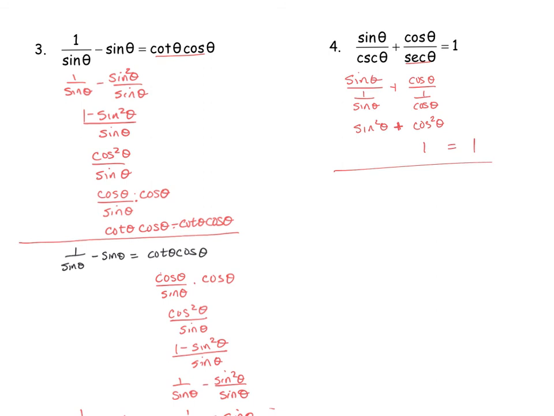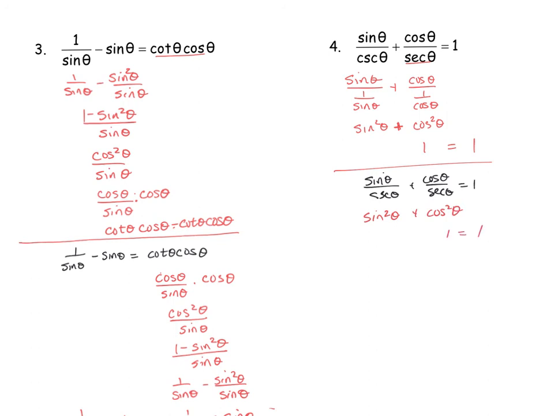I do want to show you that it is possible to do this in shorter steps. I think I showed you this a little earlier on, maybe the first example, but this right here is basically sine times 1 over cosecant. And we know 1 over cosecant equals sine, so you could literally just say this is equal to sine squared theta, and this is cosine squared theta, and then that is 1 equals 1.